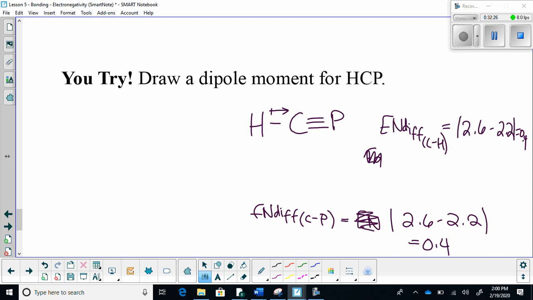Who's more negative? Carbon. And the strength of the arrow is going to be the same because again it's 0.4. Carbon becomes partially negative. It's being greedy between both of those atoms. It's taking electrons from both. And our hydrogen and our phosphorus become partially positive.